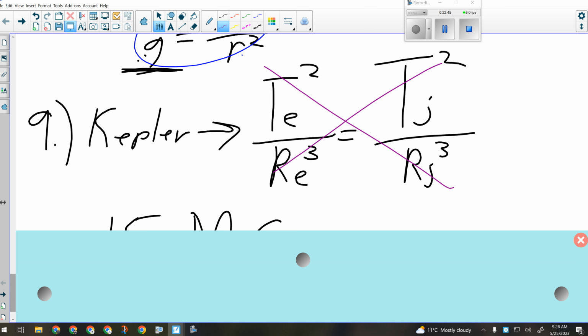Gravitational field strength. Universal gravitation. Artificial gravity. And a second vertical circular motion problem. So 8 written response items.